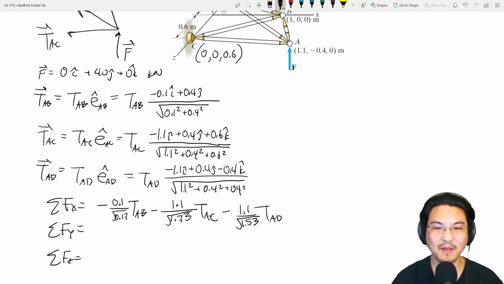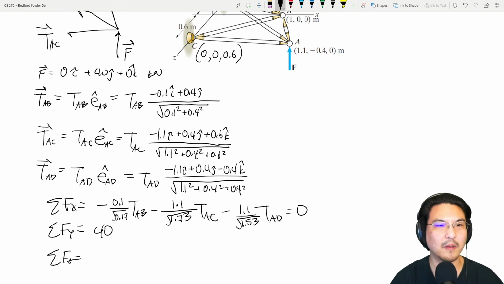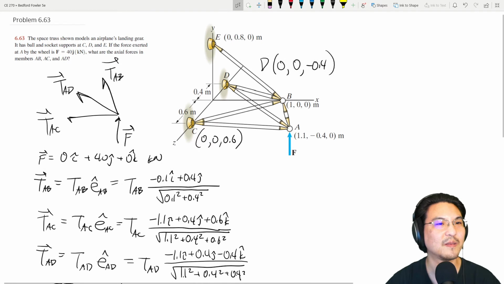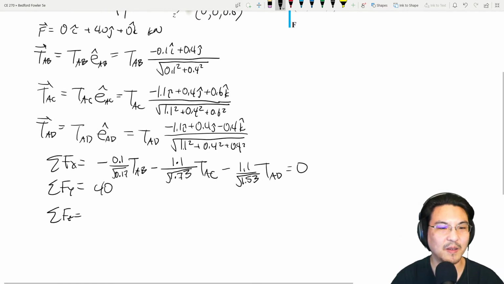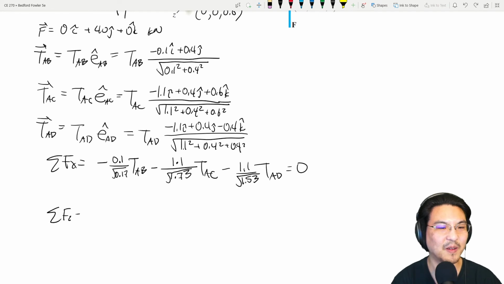Then you do the same for the y component. The y component of F is 40, in kilonewtons. The y component of TAB is plus 0.4 over the square root of 0.17 TAB.